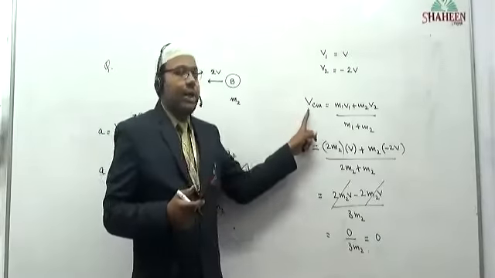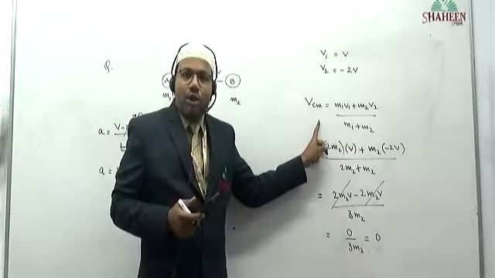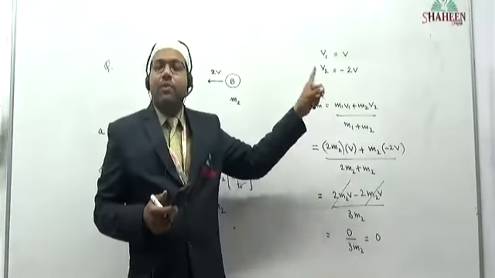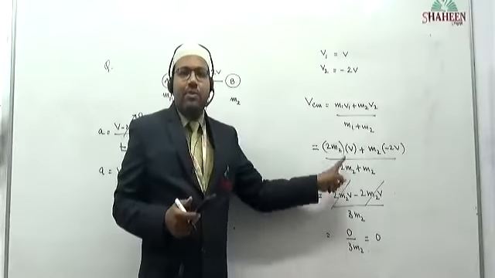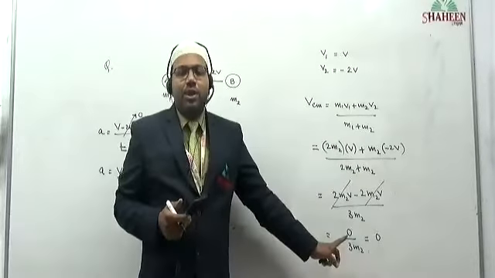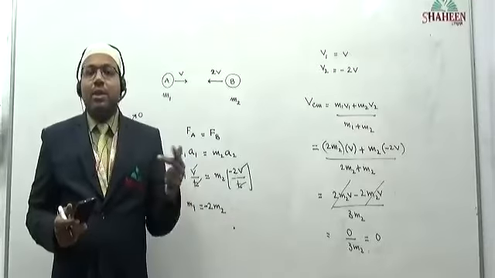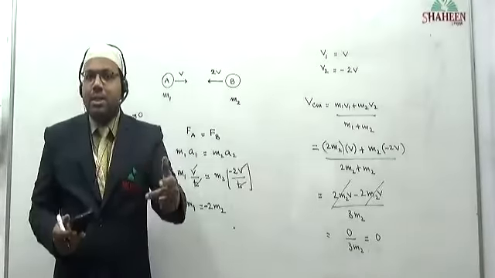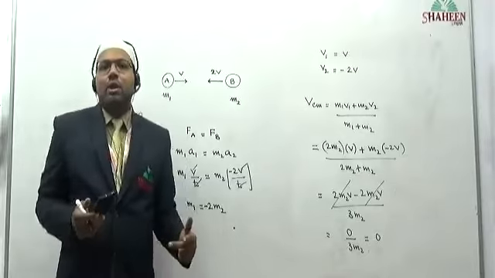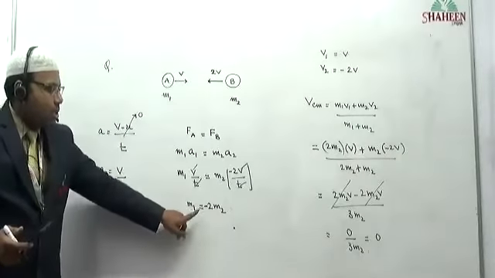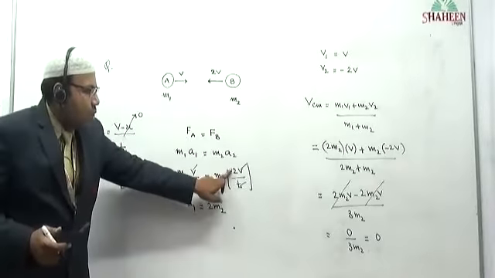Since we are calculating the velocity, velocity is a vector quantity. So therefore, we are considering the directions, plus v, minus 2v, everything. But our aim is to calculate the relation between the masses, right? Masses are scalar quantities. So we do not need to consider the directions here. I hope it is clear. समझ में आ गया ना बेटा? The one who asked the doubt.